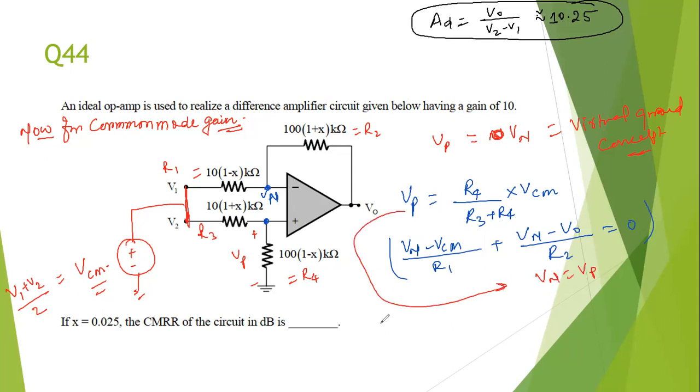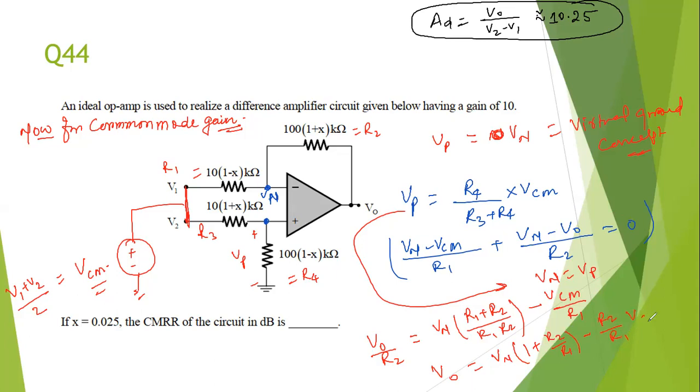So V0 by R2 equal to Vn into R1 plus R2 upon R1 into R2, minus VCM by R1. So V0 equal to Vn times 1 plus R2 by R1, minus R2 by R1 into VCM.